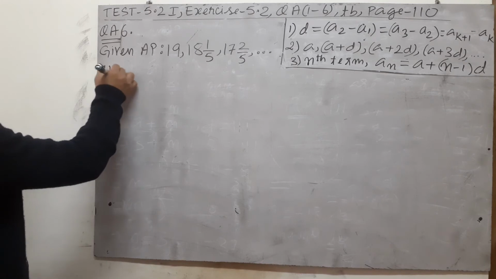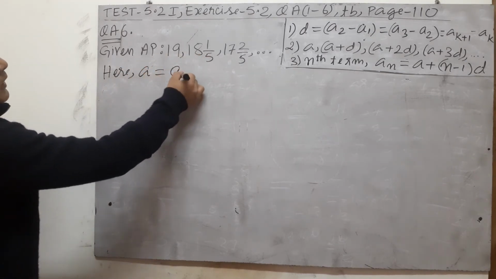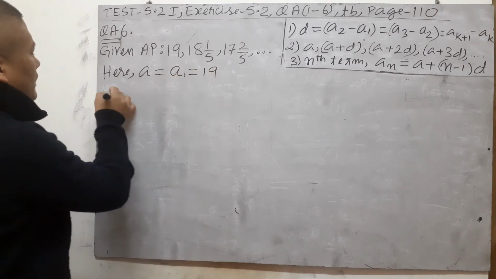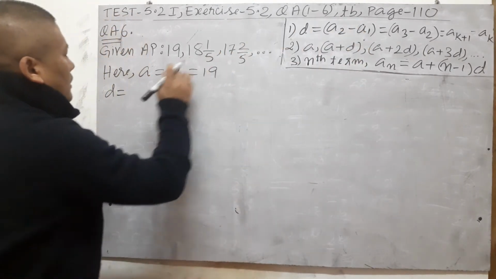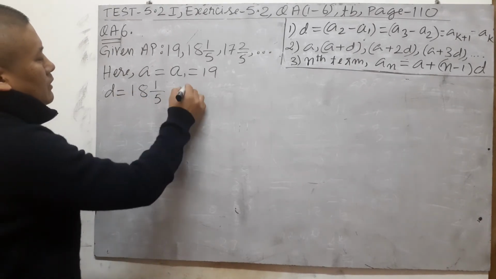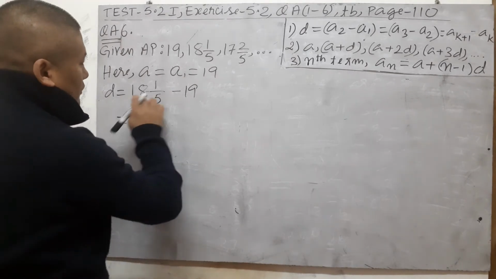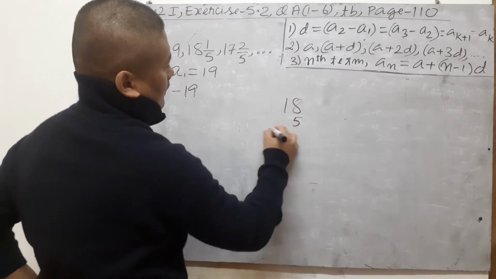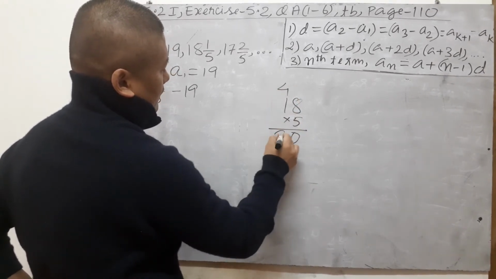So here, let us collect the information we have from here. A or A1, the first term is clearly 19. And the D value, you can use A2 minus A1. A2 is 18 1/5 minus A1, 19. So 5 into 18. 5 8s are 40, 4 in hand. 5 1s are 5 plus 4, 9.